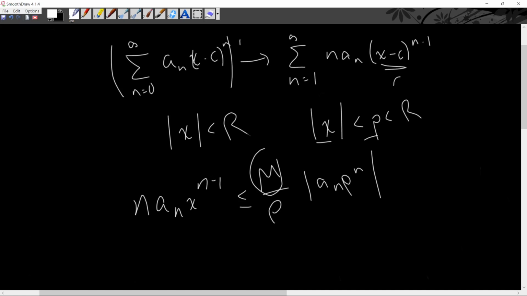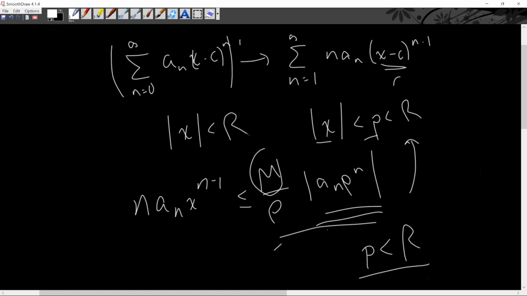So the series a sub n times p to the n converges because p is less than r, as we stated up there. So by the comparison test, since this converges, that's where we're at.